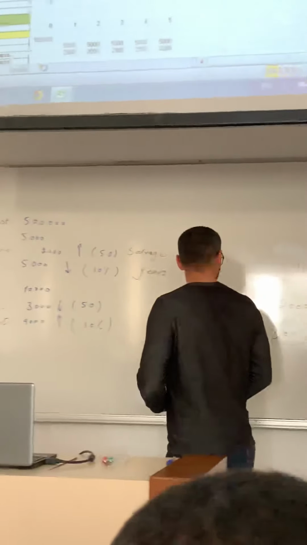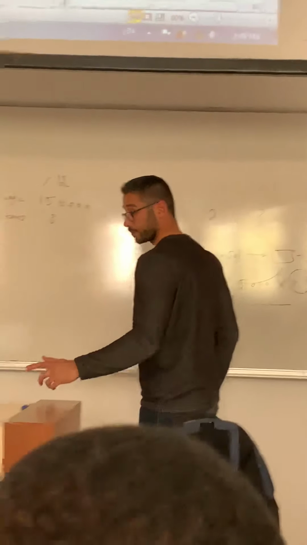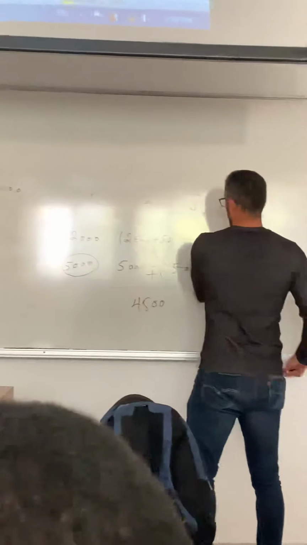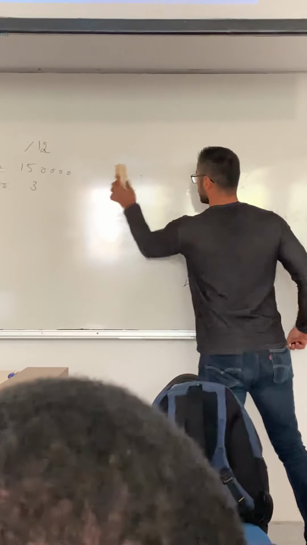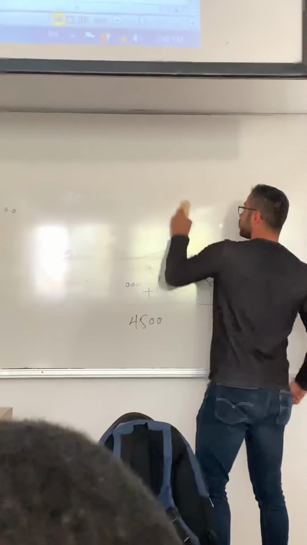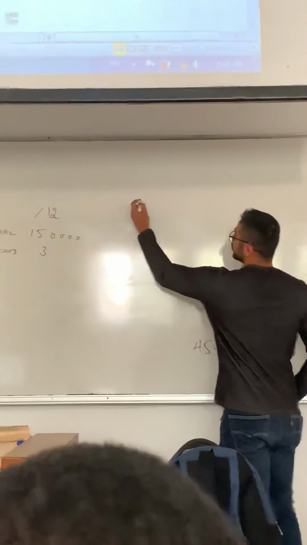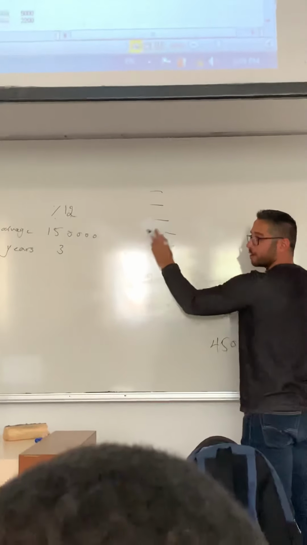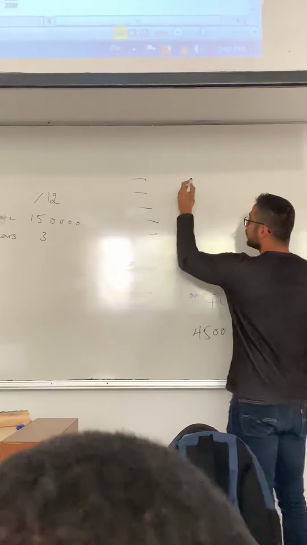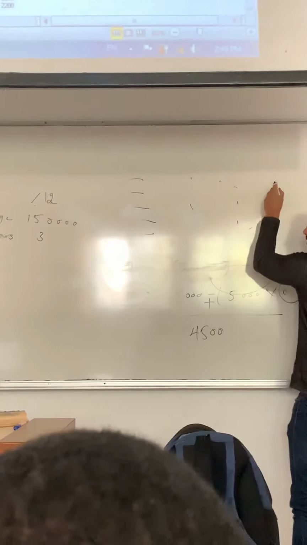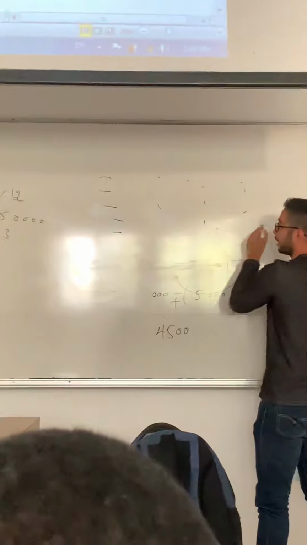So here we have different costs. The main principle is we calculate the total costs first. So cost 1, 2, 3, 4, 5, whatever costs we have, we calculate them in different years, even if you have 100 years.